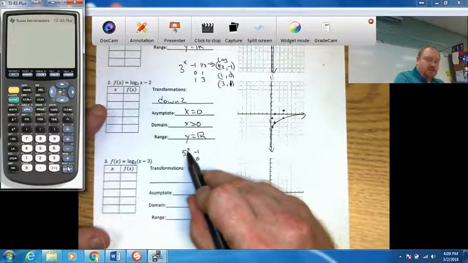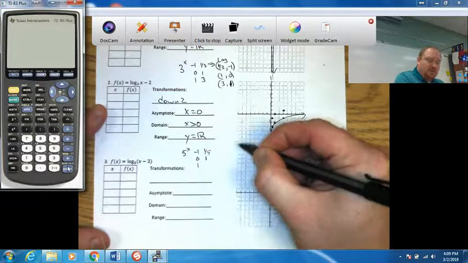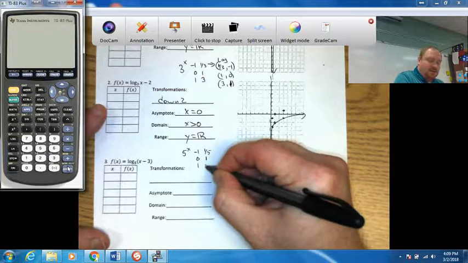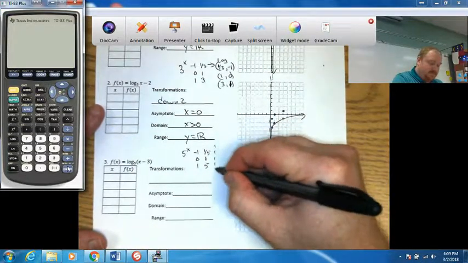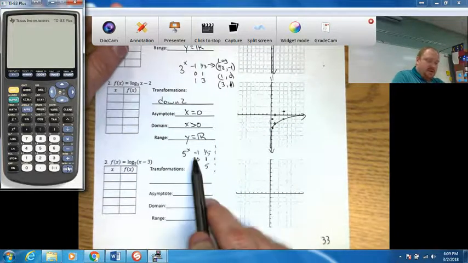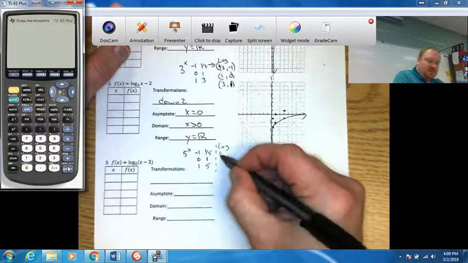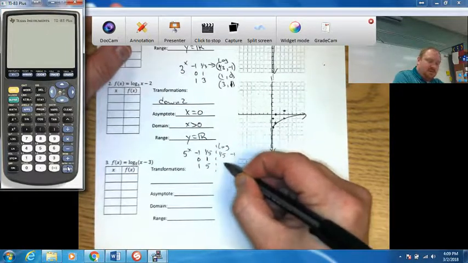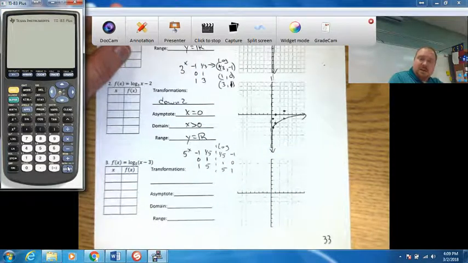Substitute these numbers in. 5 to the negative 1 is 1/5. 5 to the 0 is 1. 5 to the first is 5. So, now to get the log version, I'm going to flip these. And now I'm going to plot them.